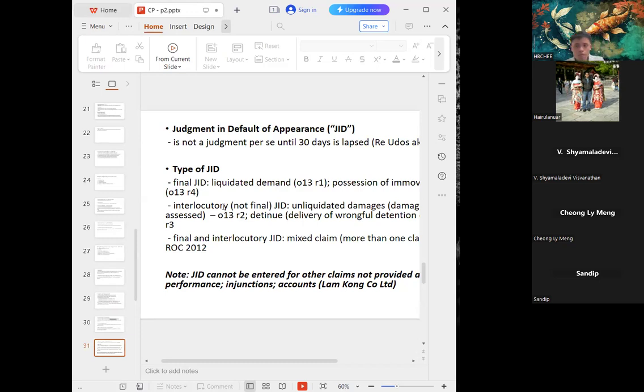When they don't enter appearance, then you have the affidavit. You have to make an affidavit of service, isn't it, sir? Yes. Then, when do we actually prepare the certificate of non-appearance in Form 12?